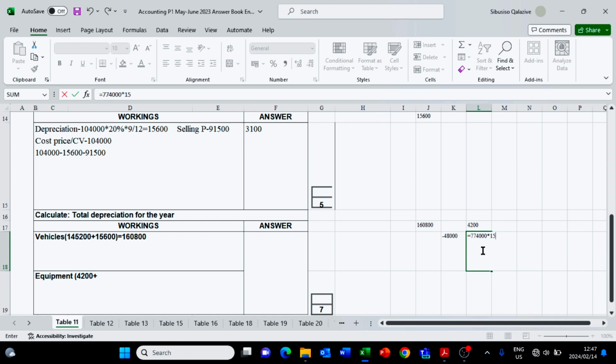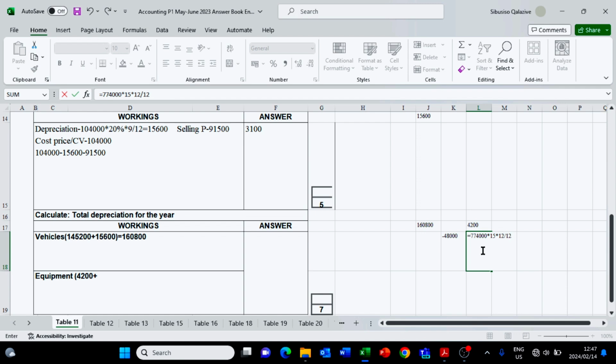Because this is the old equipment, it lasted 12 months of the year, so you're going to say times 12 over 12. Even if you don't do this, you won't get a different answer, because 12 divided by 12 is equal to 1.